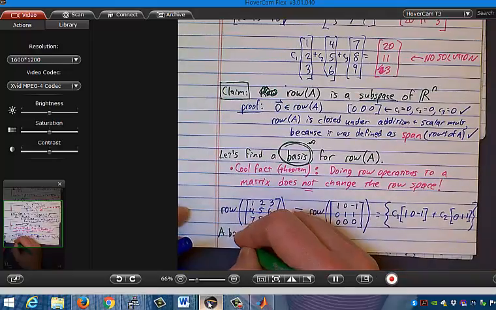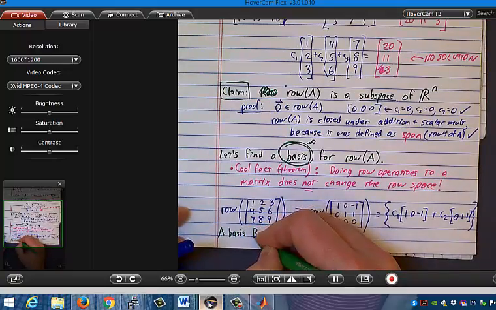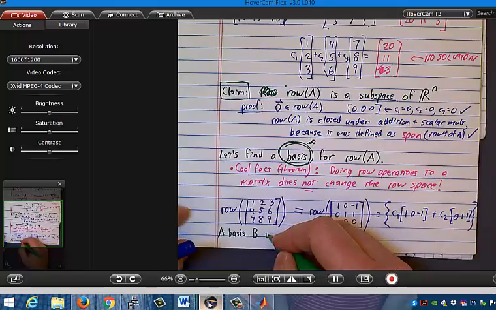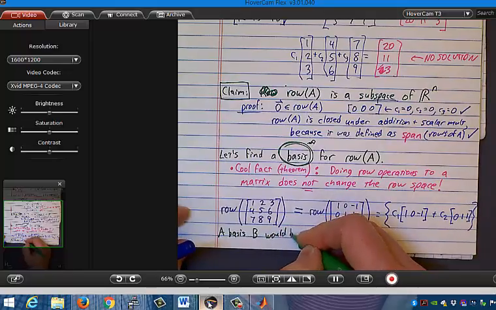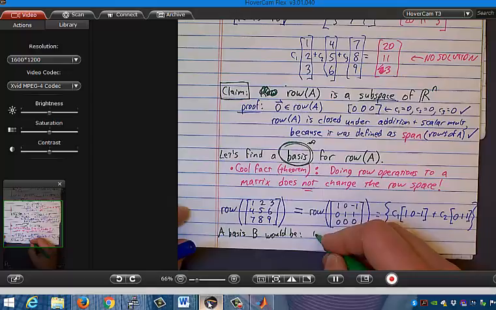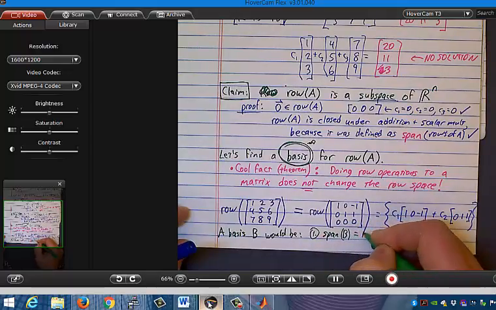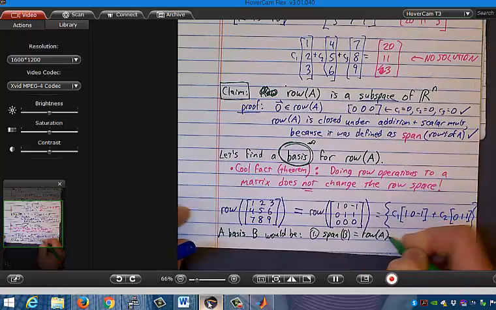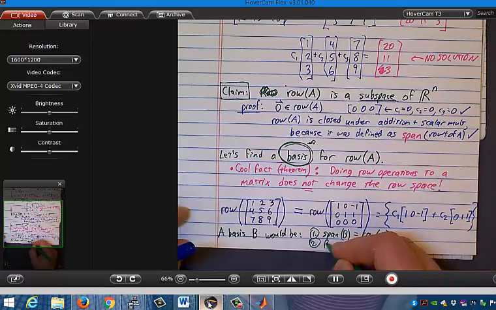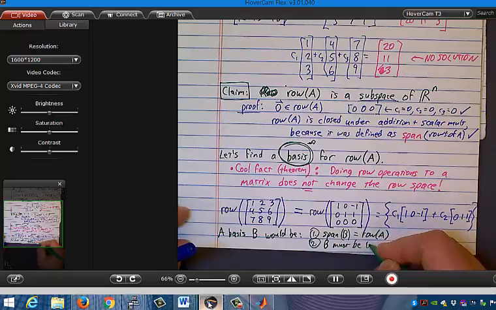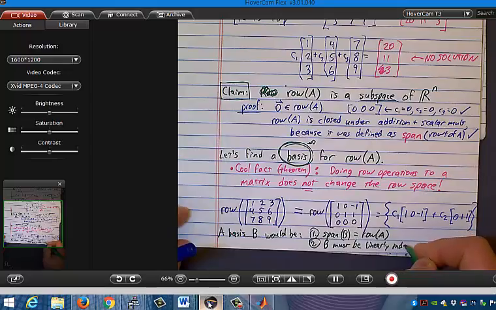A basis B would be such that we need the span of B to be the row space of A, and we also need B to be linearly what? Independent.